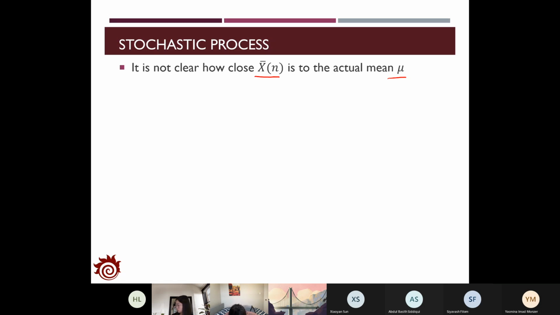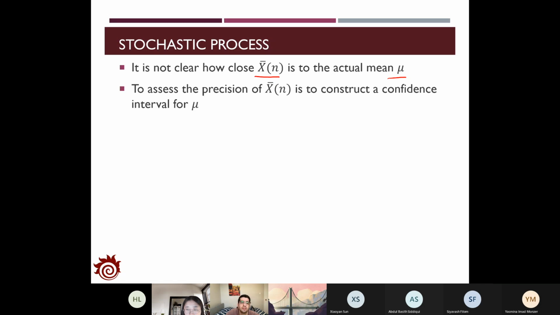We just have an estimation of the mean from the sample. So to estimate the precision of the estimation of the mean, we need to have the confidence interval for the mean value. How confident can we say that the mean value falls in this region?